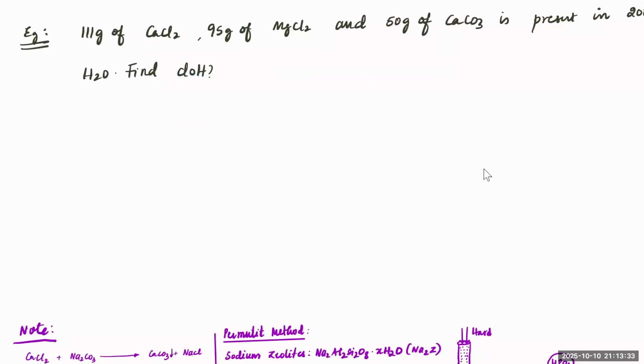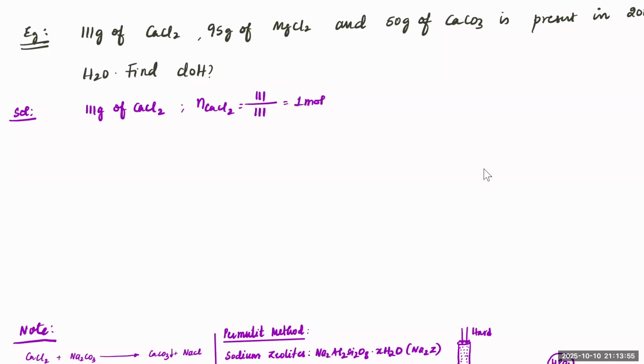What does that mean? If you have 111 grams of calcium chloride, first write that as number of moles of calcium chloride, so weight divided by molar mass. Molar mass is also 111, so that makes it 1 mole.